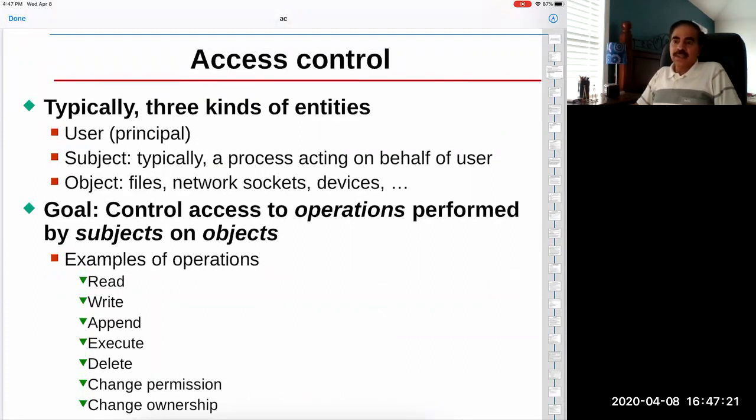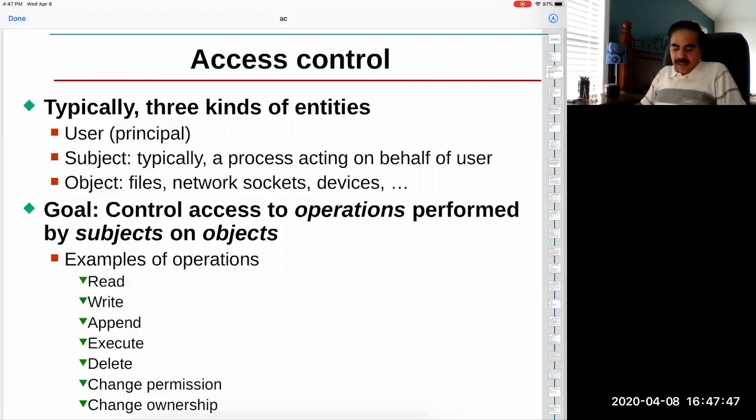So you want to mediate and limit accesses made by subjects to objects, okay? And when we say limit access, we mean in terms of what objects are accessed by a subject, and we also refer to what operations can be performed, okay?